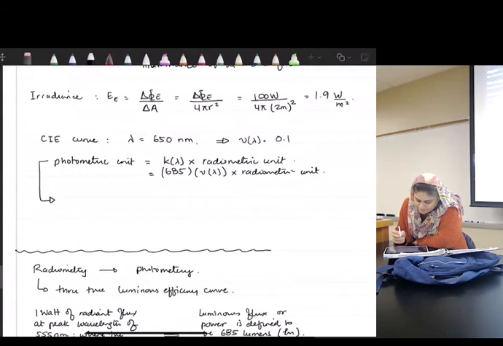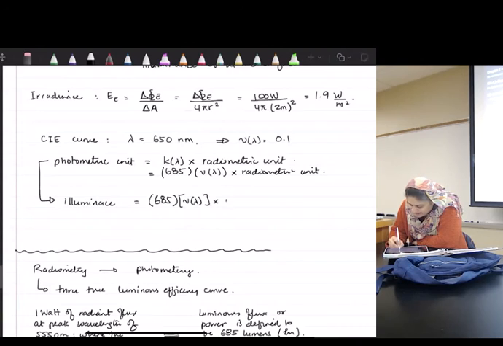What is it now for me? I need to find illuminance, which is equal to 685 V as a function of lambda times my irradiance. And illuminance was what? EV.